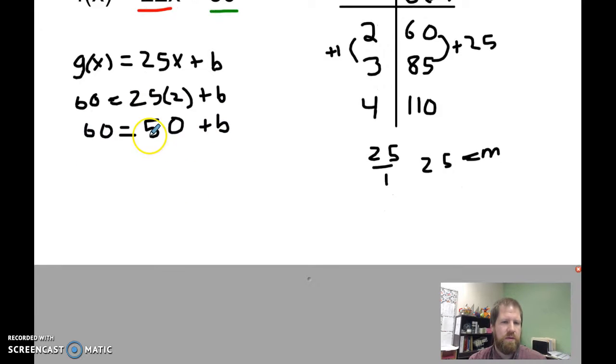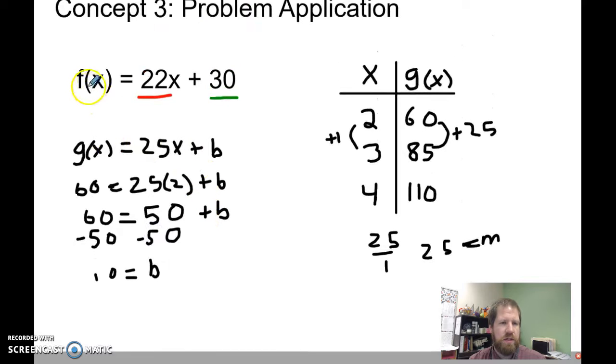You might be able to see what the answer is already, but I'm going to subtract 50 from both sides to get b by itself. 60 minus 50 is 10, is equal to b. So my two equations are going to be f of x equals 22x plus 30, and g of x equals 25x plus b, which is equal to 10, so plus 10.